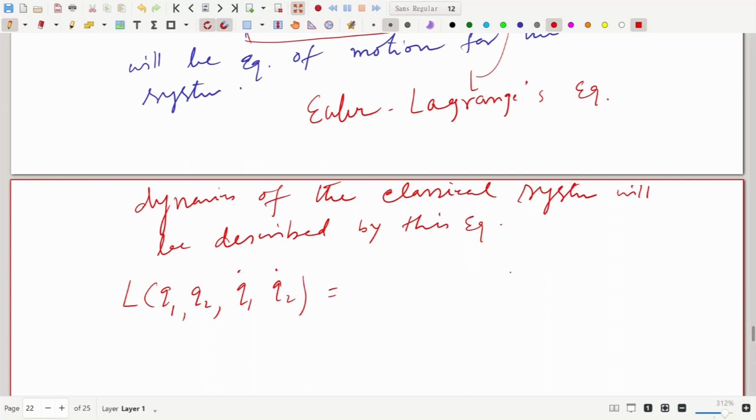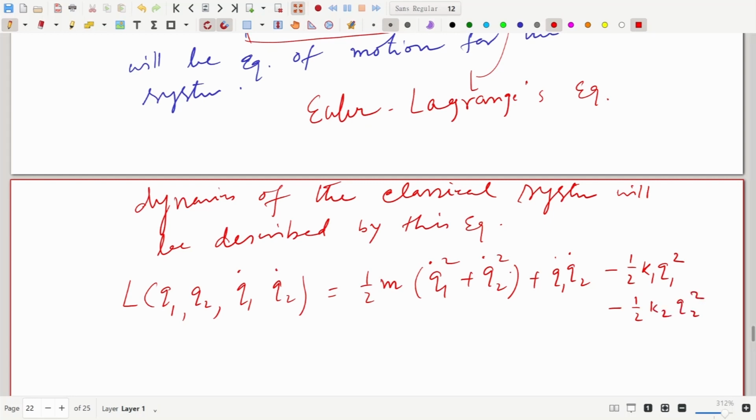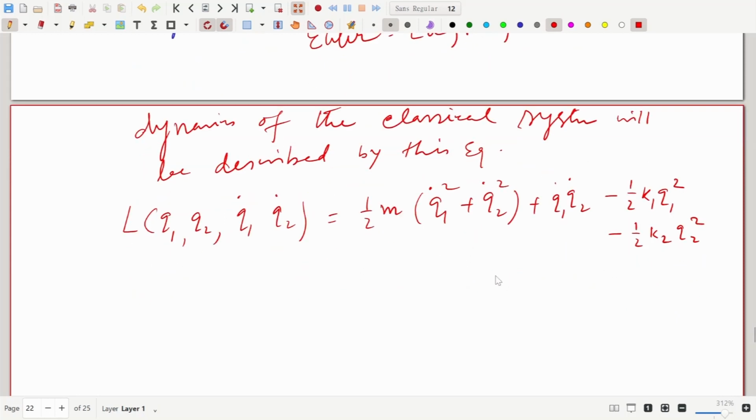The Lagrangian is L equals half m times q1 dot square plus q2 dot square plus q1 dot q2 dot, minus half k1 q1 square minus half k2 q2 square. We will find the equation of motion we can obtain from this Lagrangian, where m, k1, k2 are constants.